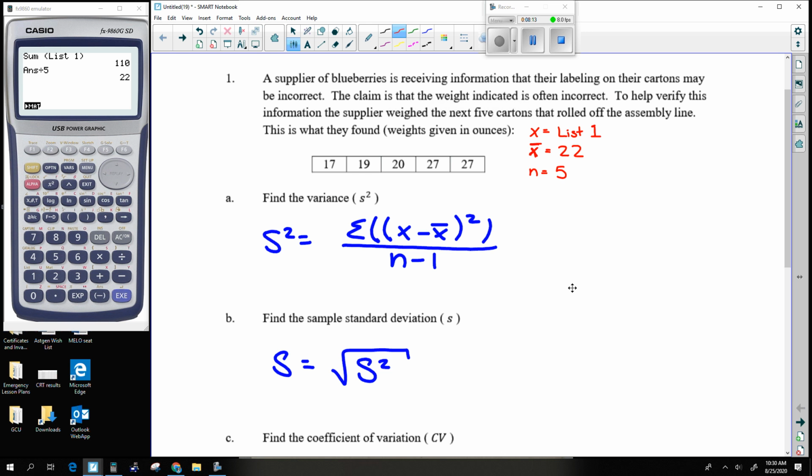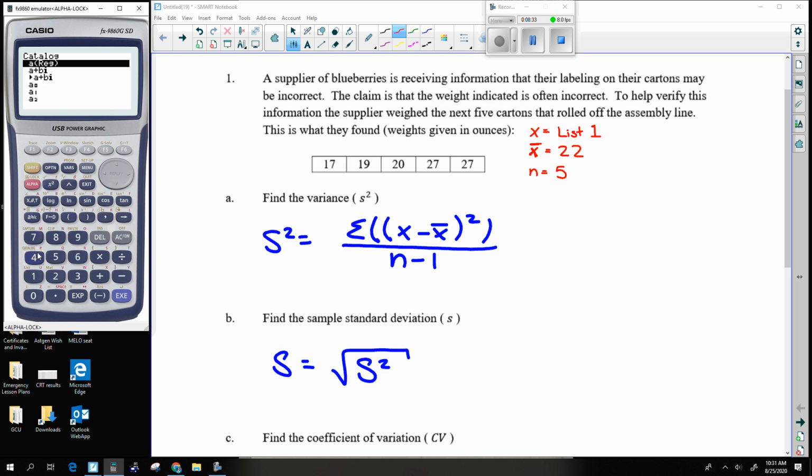Okay, so on to problem number 1. All right, so we can pretty much type this in straight up, like this numerator. Don't put it on the denominator just yet, but we can pretty much type this straight up as long as we use parentheses in the numerator.